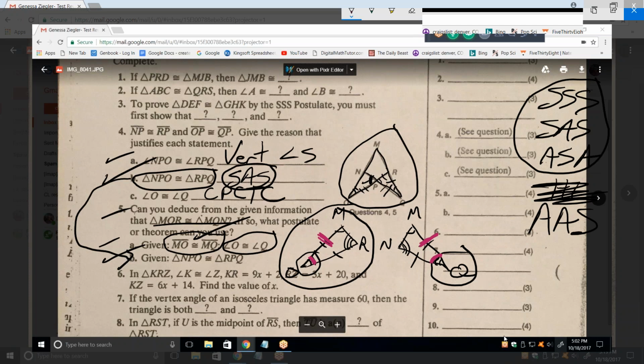Now, if I know that NPO is congruent to RPQ, well then, okay, I apologize. I'm right. In other words, we're trying to prove that that's congruent to that, okay? And we can't do it with statement A alone.